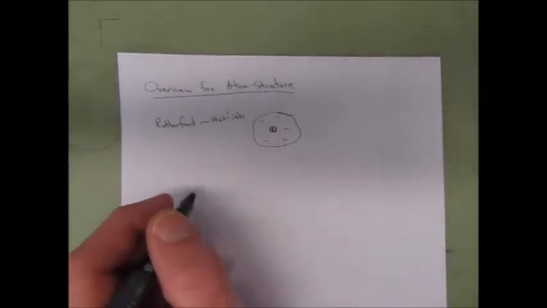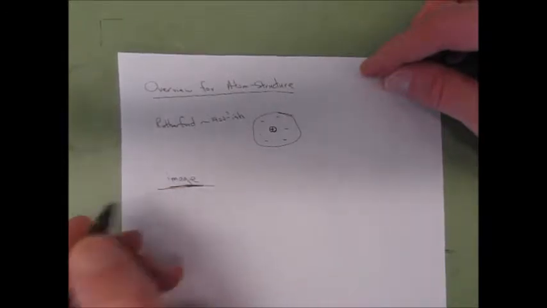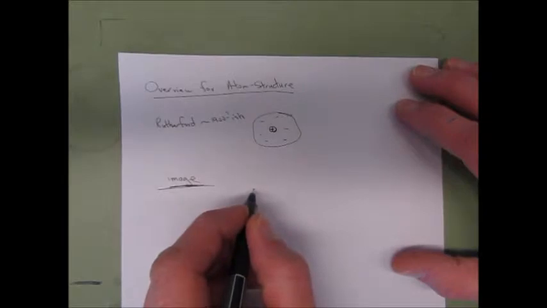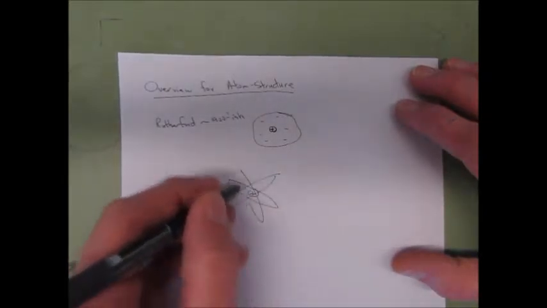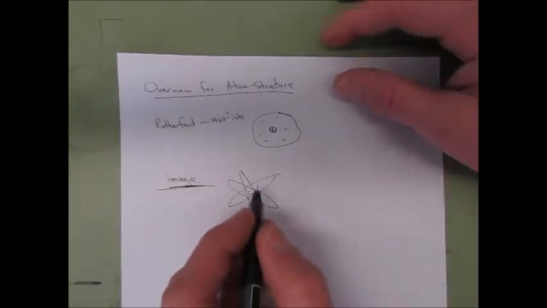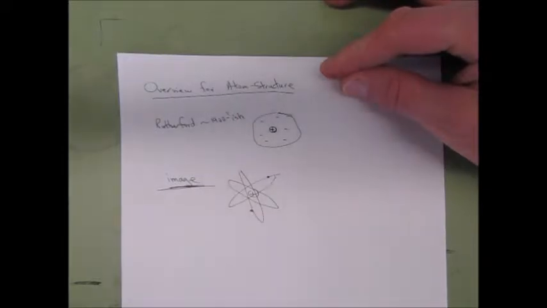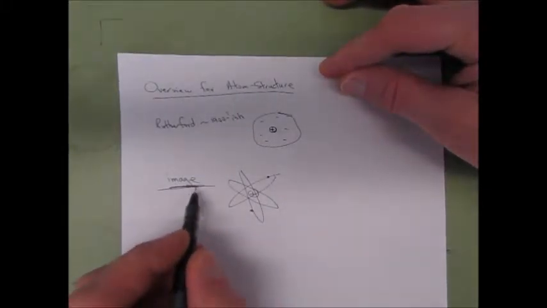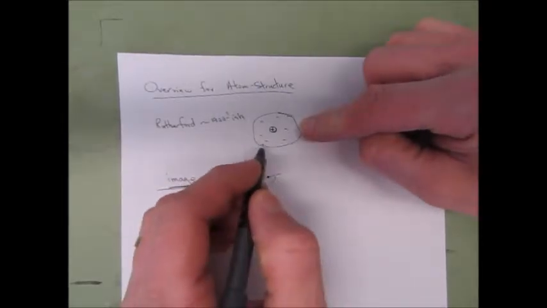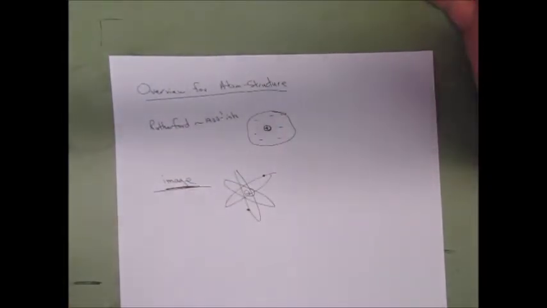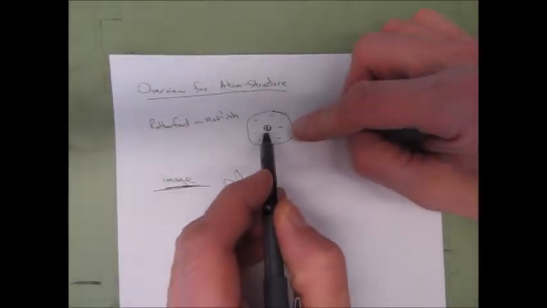Then comes along a popular image that still exists today, where people will say, okay, you have a positive thing like this, and they have these sort of oval shapes like that. Sometimes you'll even see people drawing little dots saying those are the electrons. Compared to the previous image, which didn't even draw tiny little circles for electrons, they thought of it as negative stuff, and the only thing they wanted to draw a circle around was the dense nucleus.